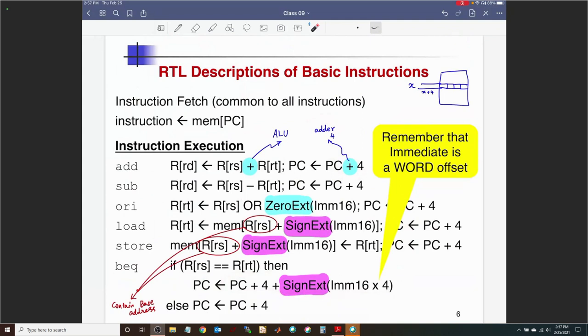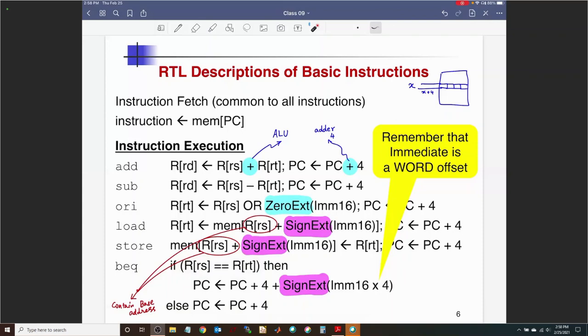So a multiplexer also comes into the picture now, because you're choosing one when they're equal and the other when they're not equal to update the program counter. Else, if they're not equal, then the program counter just goes to the next instruction, which is PC plus 4. Right. So now we have put in a mux as well.